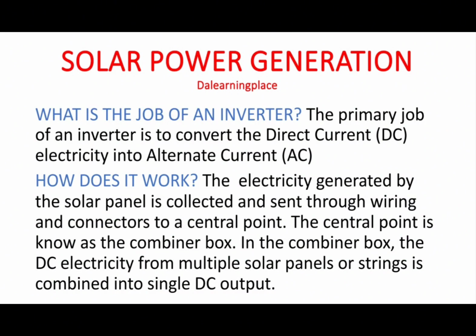How does this work? The electricity generated by the solar panel is collected and sent through wiring and connectors to a central point. The central point is known as the combiner box. In the combiner box, the DC electricity from multiple solar panels or strings is combined into a single DC outlet.